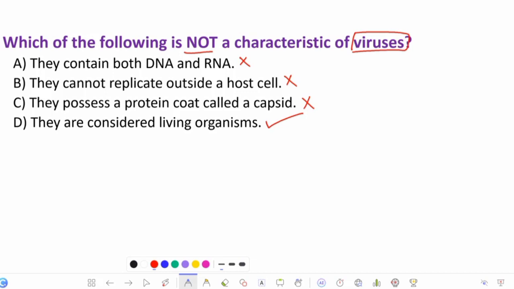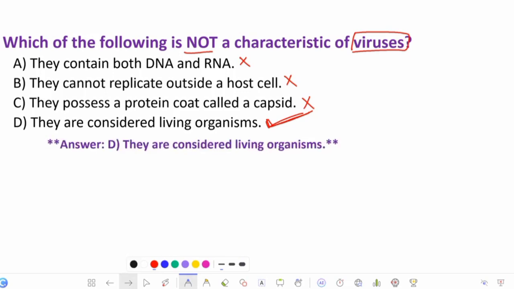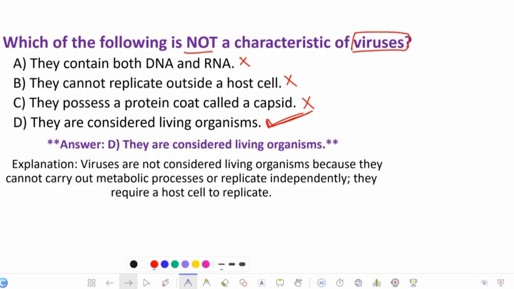They are considered living organisms. Viruses cannot be considered living organisms because they have some properties of non-living things. Viruses are not considered living organisms because they cannot carry out metabolic processes or replicate independently. They require a host cell to replicate.